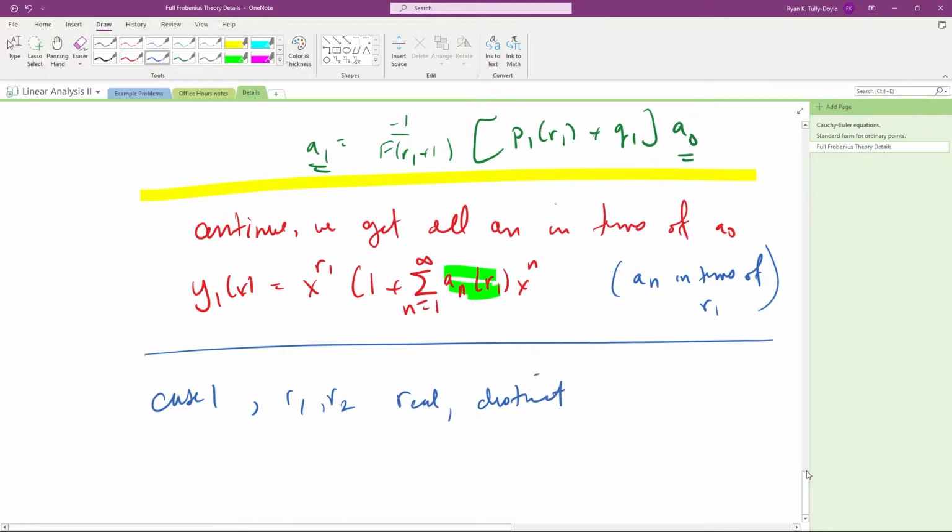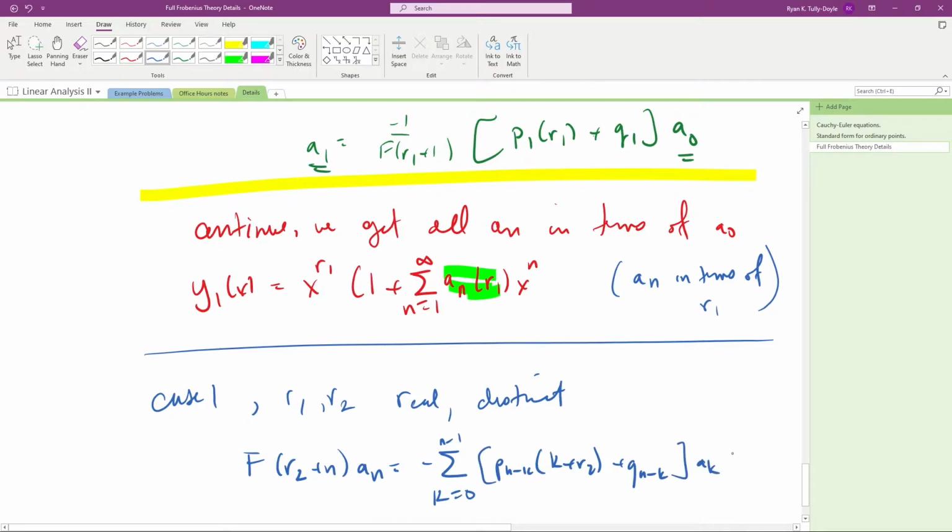What does that mean? Well, it means that f of R2 plus n times an is equal to minus the sum k equals 0 to n minus 1 of pn minus k, k plus R2 plus qn minus k, ak, which is our recurrence relation.